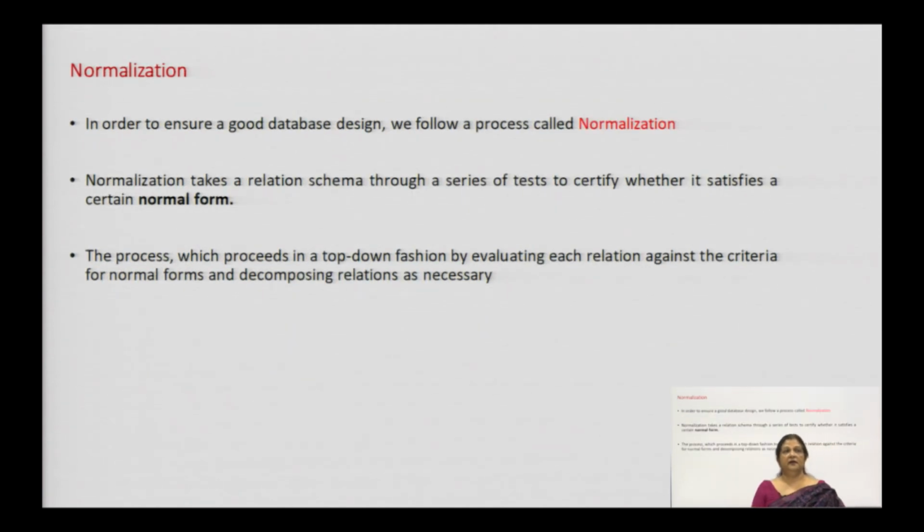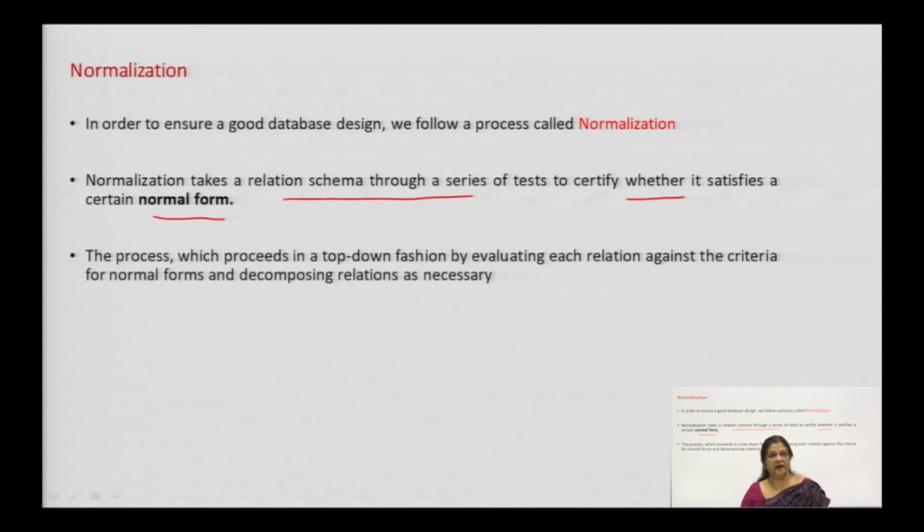So, now let us see what is normalization. In order to ensure a good database design, we follow a process which is called normalization. What do we do in normalization? It takes the relation schema through a series of tests to certify whether it satisfies a given normal form.